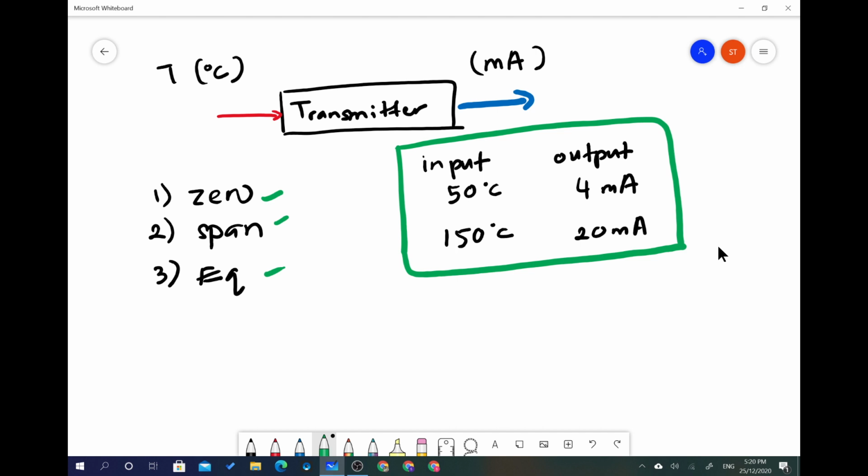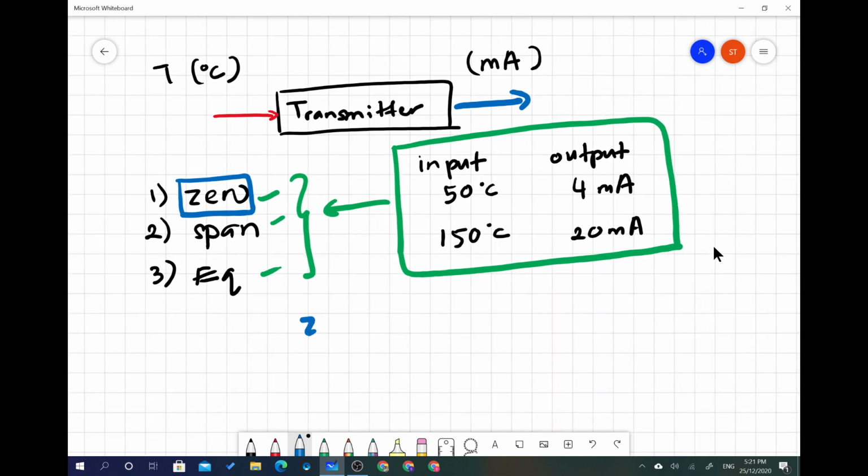From the information of input range and output range, you should know how to determine these three things. The first one is the zero. The zero means the minimum.